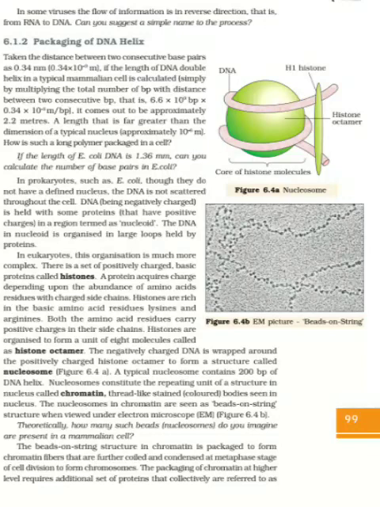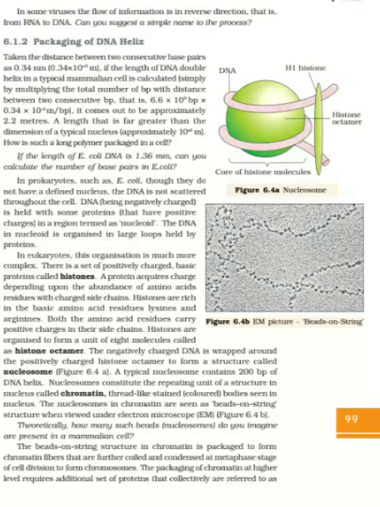There is a set of positively charged basic proteins called histones. A protein acquires charge depending upon the abundance of amino acid residues with charged side chains. Histones are rich in the basic amino acid residues lysines and arginines.